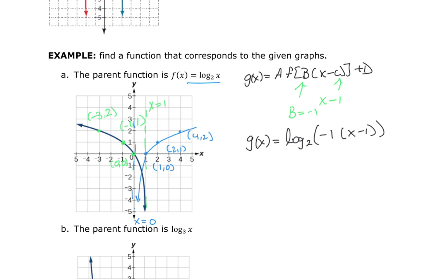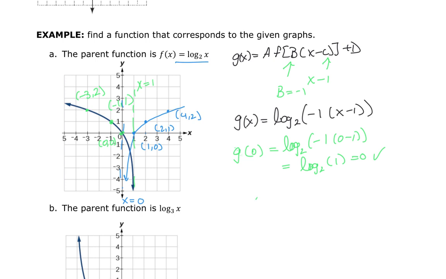Now I can check this. The way I check this is if I put in g of 0, so log base 2 of negative 1 times 0 minus 1, which is equal to the log base 2 of 1, this does indeed equal 0.